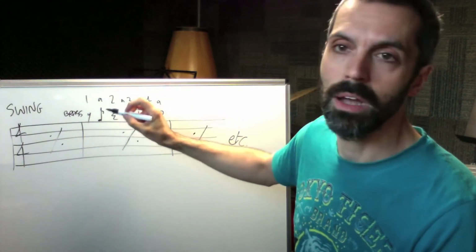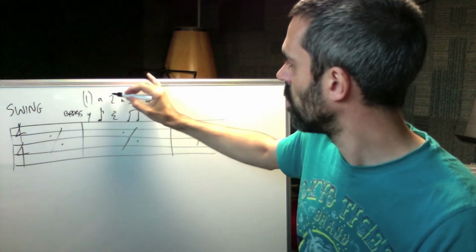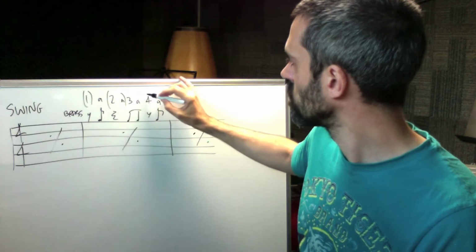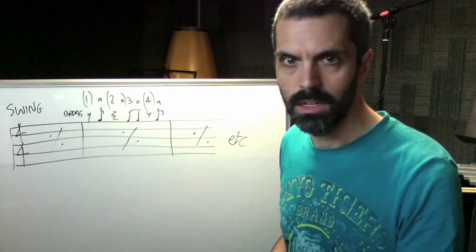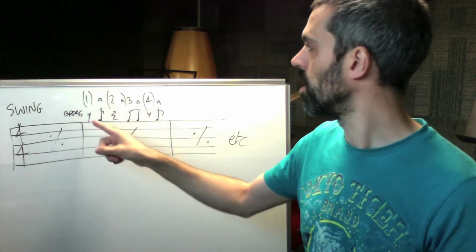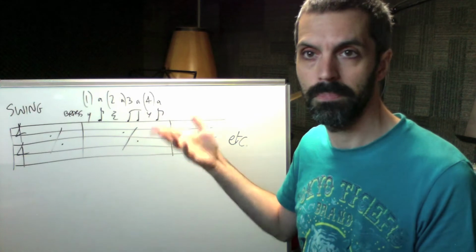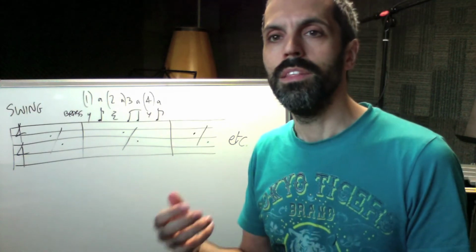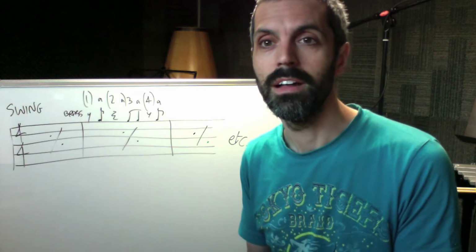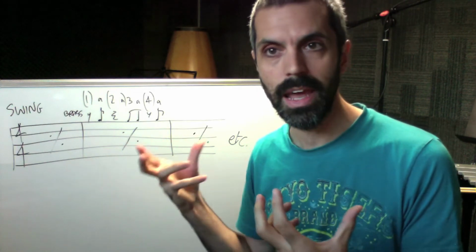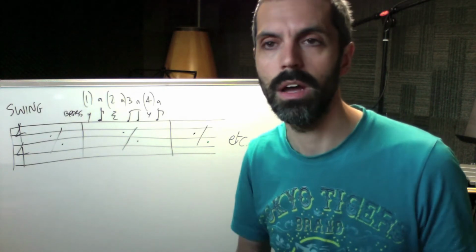Now my convention with this is to put all the counts in and then bracket off the counts where there's not a note. So we're left with 1, 2, 3, 4. Then I would spend some time just listening to the track and check in and go, okay, does my understanding of this rhythm really tally with what I can hear?